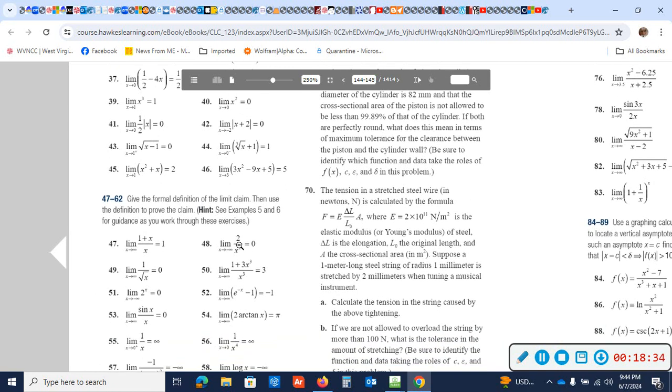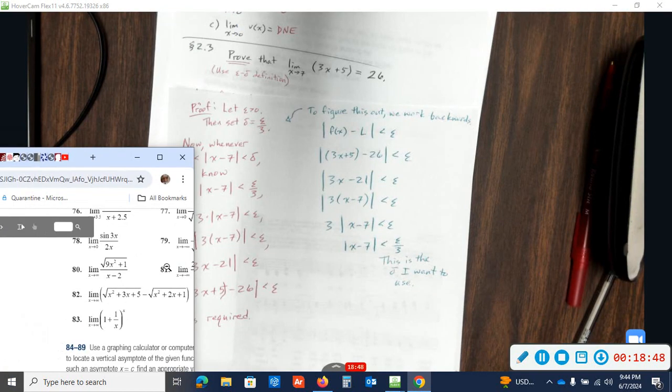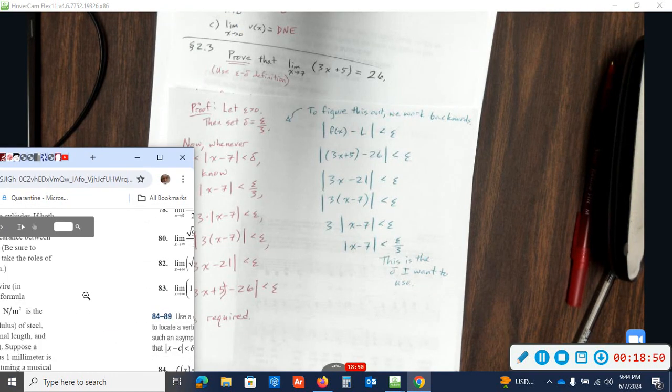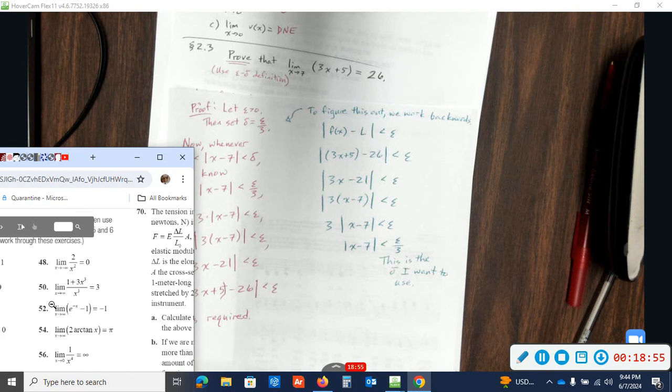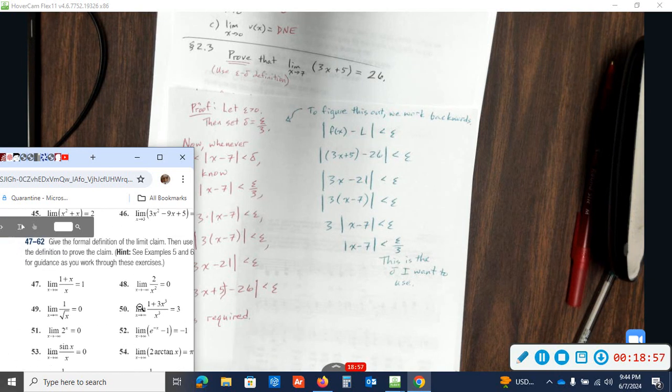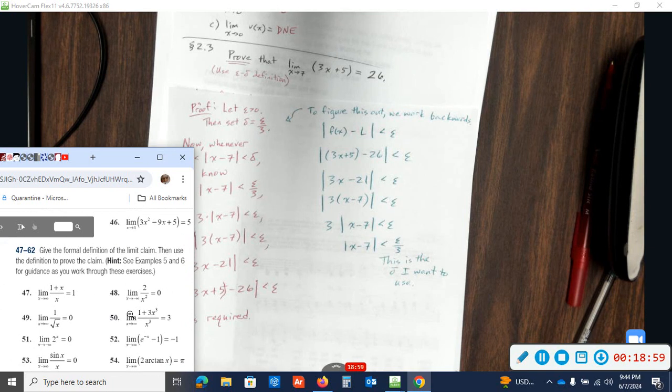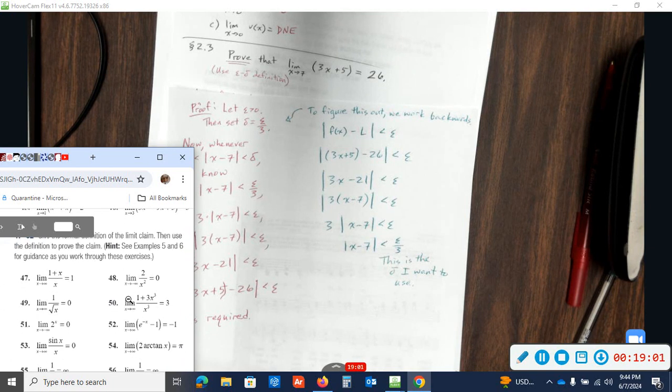Let's maybe look at one of these with an infinite limit. Give the formal definition of the limit claim, then use the definition to prove the claim.